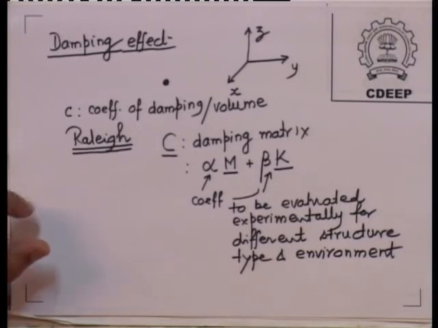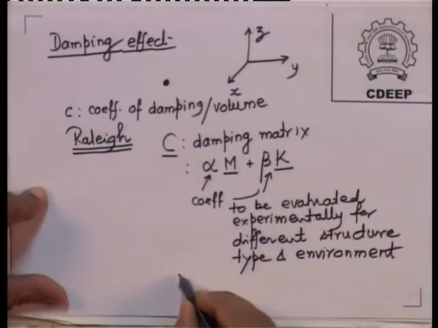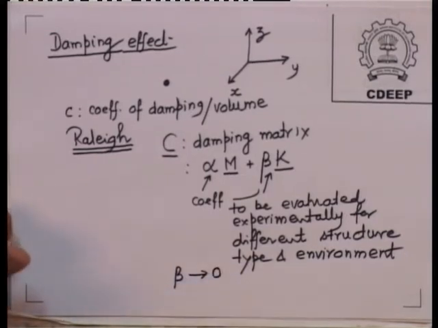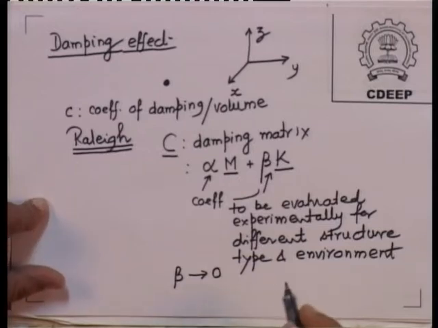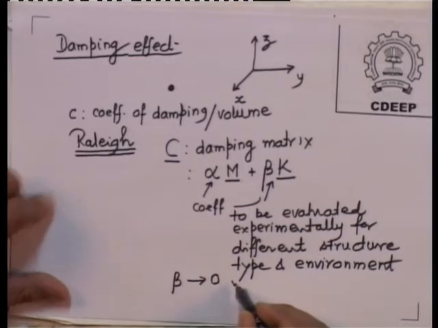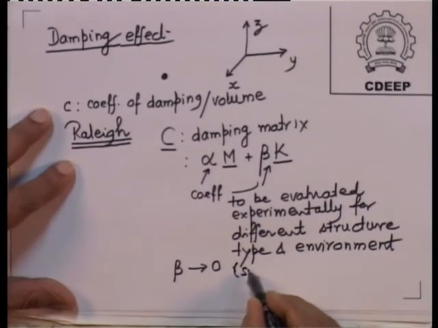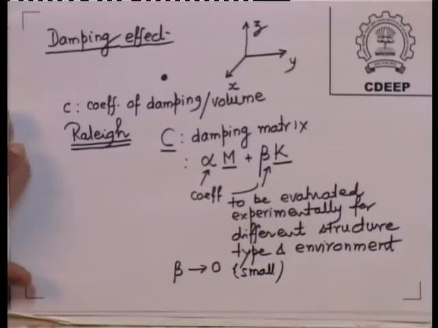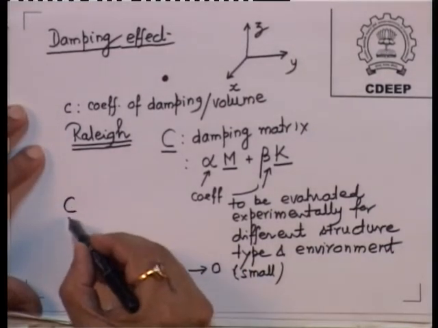If you see there, they have tabulated these values for different types of structures. Generally, beta is a very small value, it is 0 point something, and for most structures beta is small.